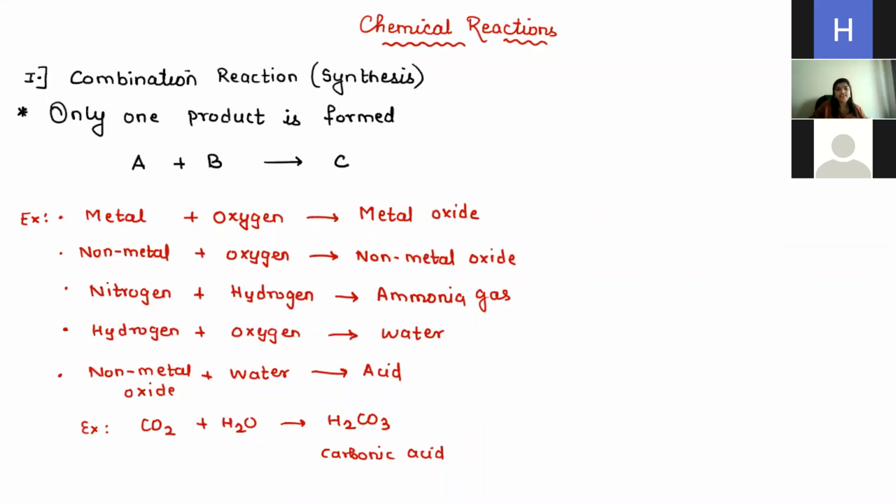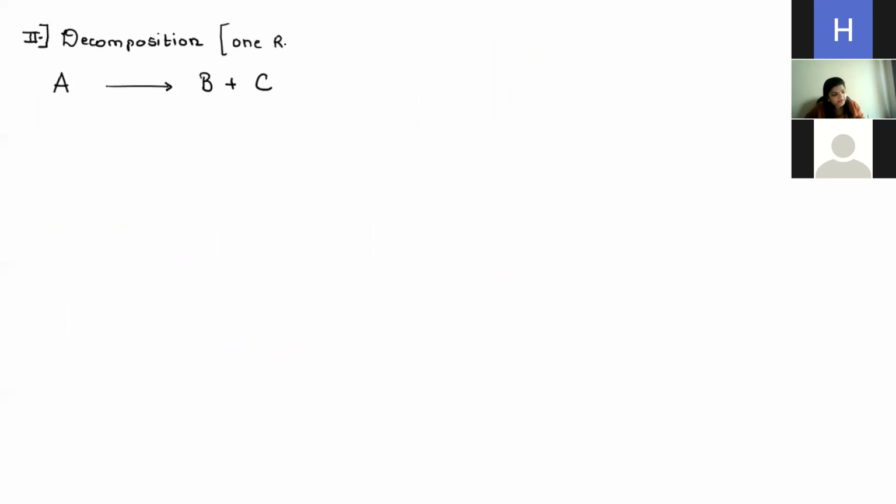After combination, the next type of reaction is decomposition. Decomposition is where you will have one reactant, let's say A, breaking down into two or more products. So one reactant making into two or more products.